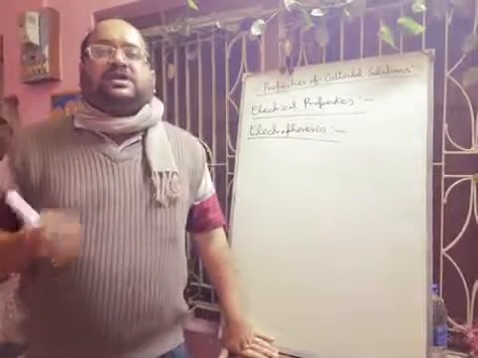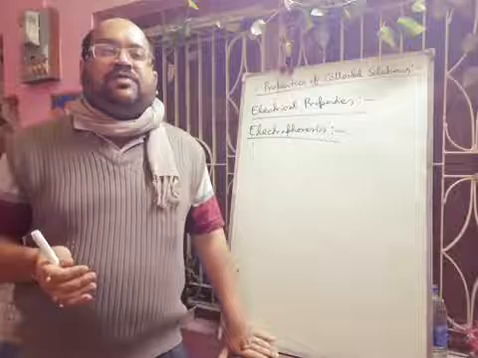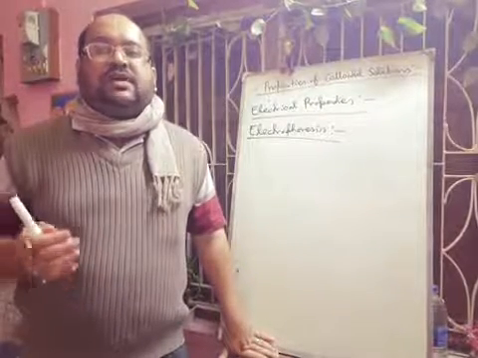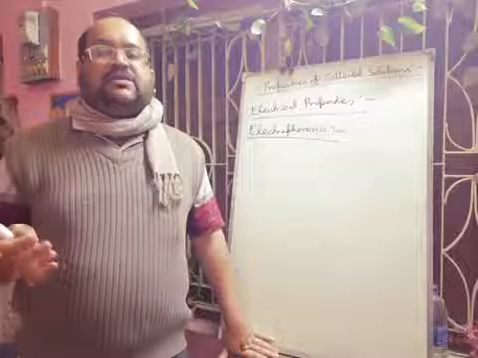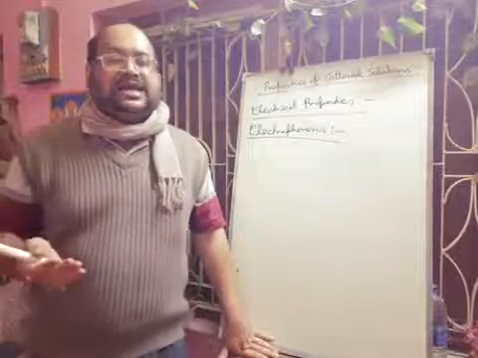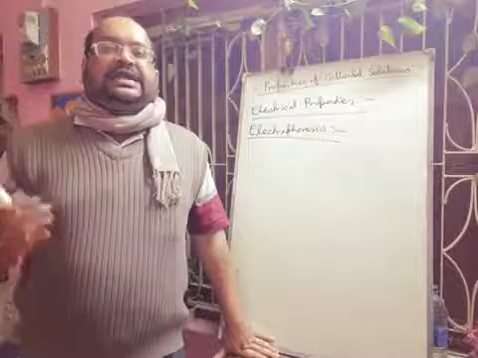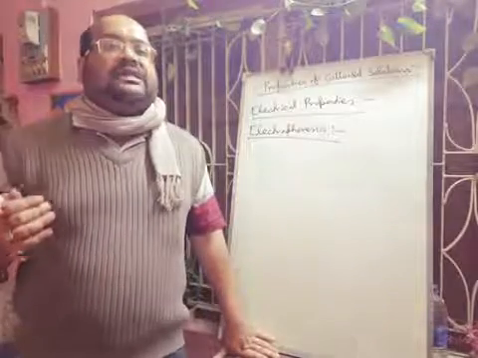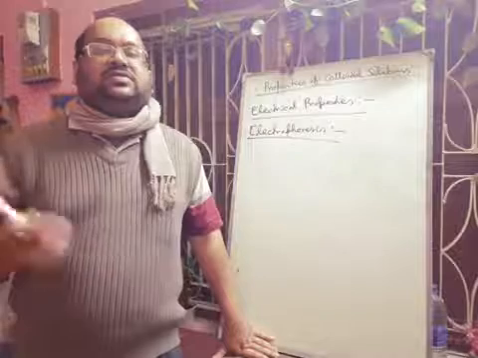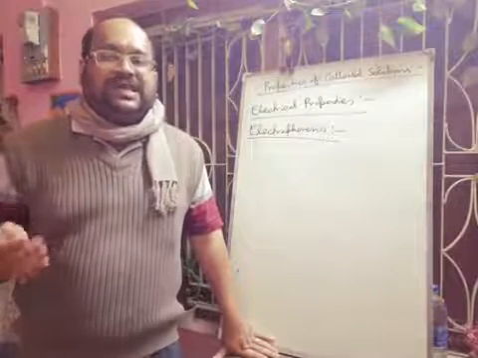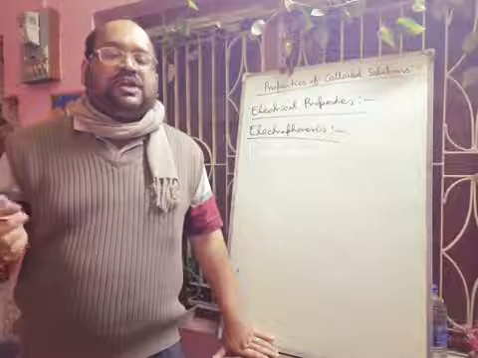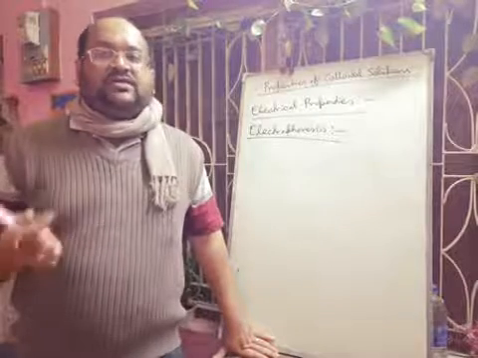Colloidal particles of a sol carry either positive or negative charge. Sols in which the colloidal particles carry positive charge are called positive sols, and if they carry negative charge, they are called negative sols. The existence of the charge on the colloidal particles can be demonstrated by a phenomenon called electrophoresis. When a sol is placed in an electric field, colloidal particles move towards either cathode or anode depending upon their charge.